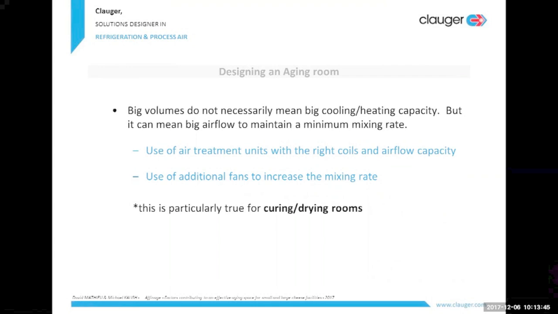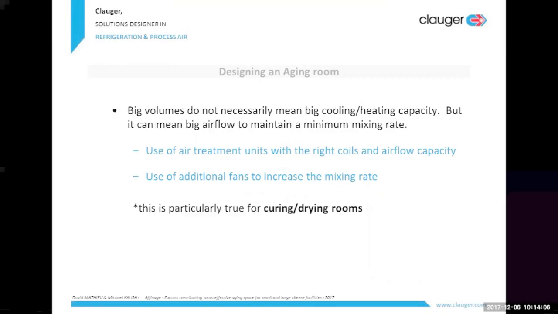Just because the room is 10 times bigger and you have 10 times more cheese doesn't mean the capacity you need is 10 times more. Maybe it's only 5 times. So sometimes you need equipment that is not big in terms of cooling coil size, but you still need to keep this mixing rate. So we put in additional fans to increase the mixing rate.